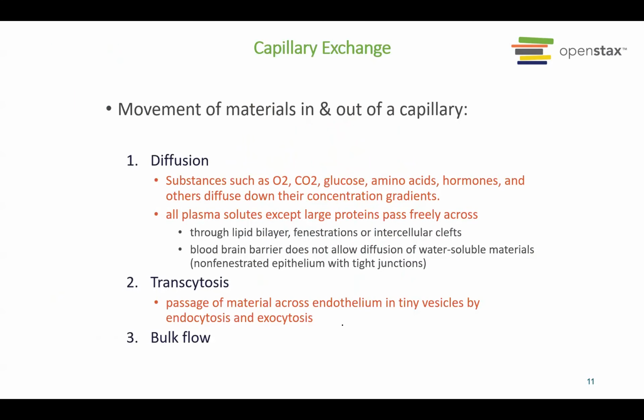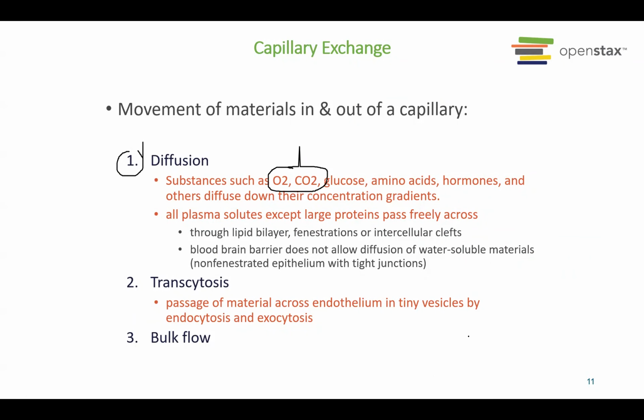Now, how do these nutrient and gas exchanges happen in the capillary? There are three movements of materials in capillary. The first movement is called diffusion. This is mostly for smaller molecules, especially oxygen and carbon dioxide.